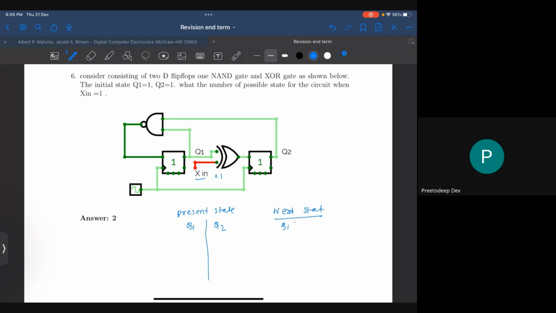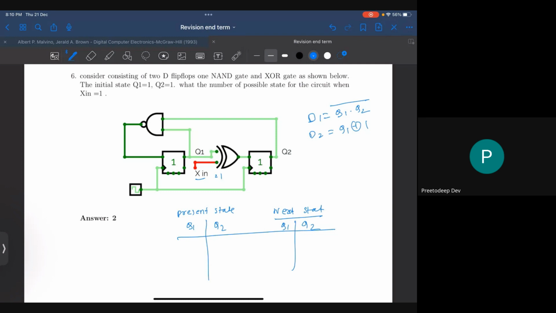The next state logic D1 is given as Q1 NAND Q2, so Q1 dot Q2 NAND, right? And what will be D2? That's Q1 XOR 1, which is the same as Q1 bar, I think.